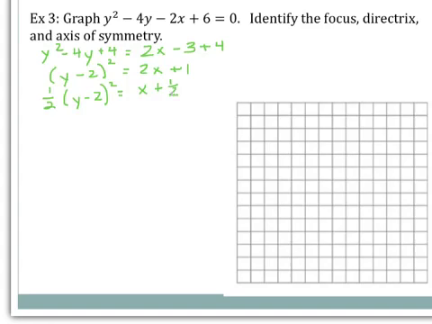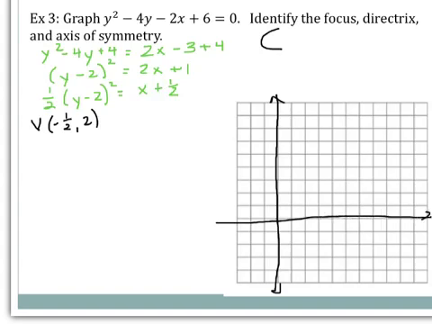So identifying my pieces, I've got a vertex at -1/2, +2. My a is positive, so this one is going to open right. So I think I want to put my y-axis here, and put my x-axis here.